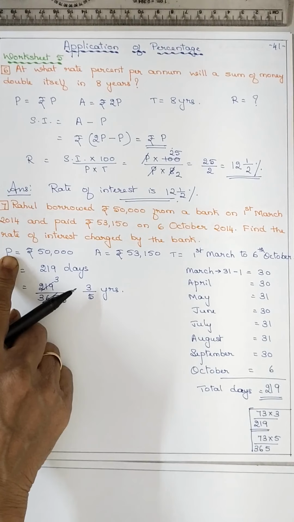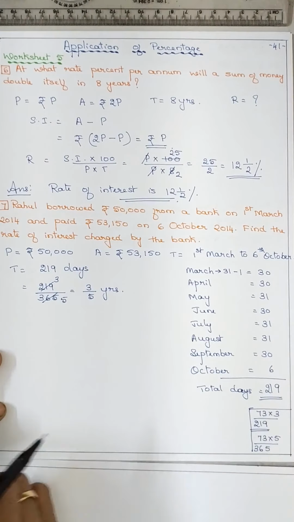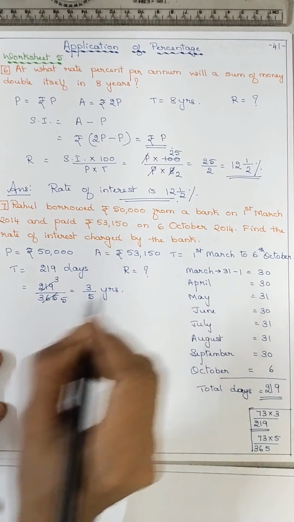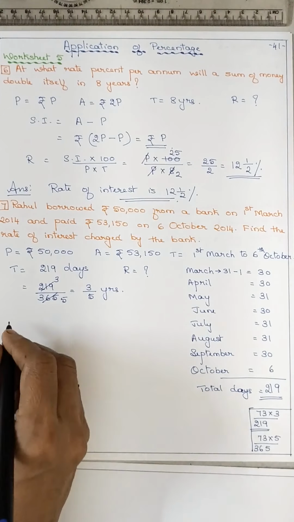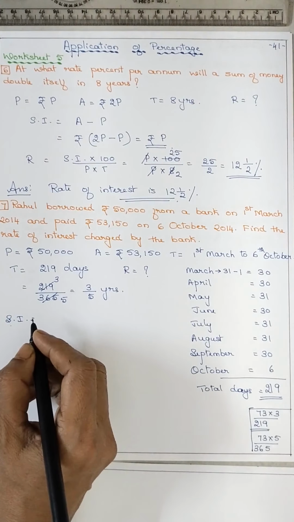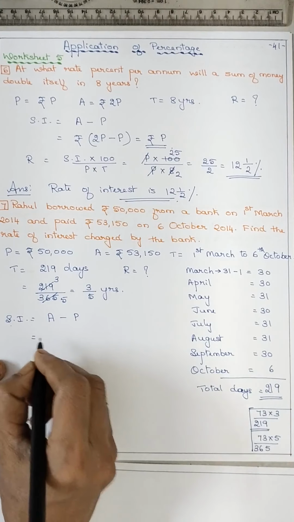The principal and amount are given, so find SI. To find out R, they have asked R is equal to how much, isn't it? So to find R we want SI. So SI is equal to, what is the formula? Amount minus principal.